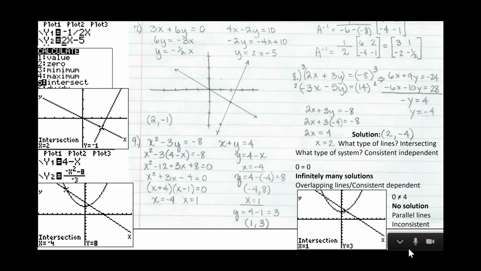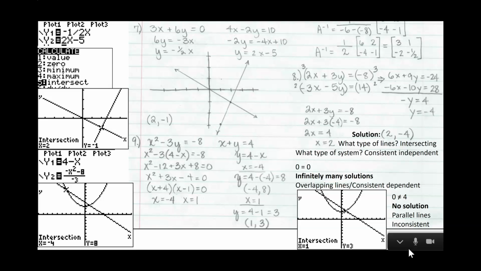So I went ahead and I subtracted the 3x from both sides, and then I divided both sides by 6. All right, so that's my first equation. So if I plug some points in there, like if I put in 0 for x, I get 0 for y. If I put in 2 for x, I get -1 for y. So I've got 0, 0, and I've got 2, -1. There's 2 points. I can graph my line.